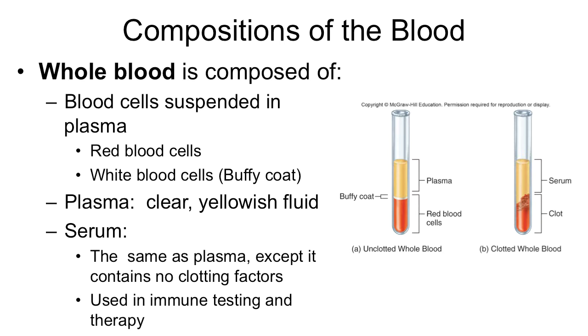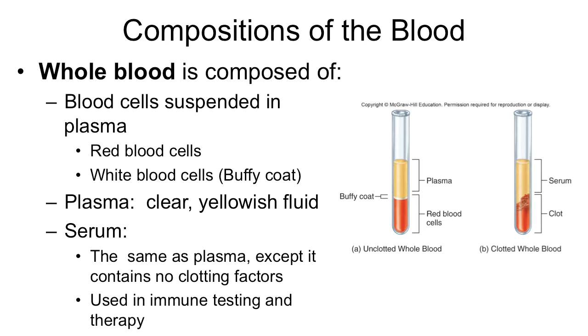And that buffy coat is where you have the white blood cells. So oftentimes when we do research in blood, we separate the blood, remove the plasma, get the buffy coat, and eliminate the red blood cells. Of course, you can clot the plasma and now obtain the serum. The plasma and the serum are the same thing except that the clotting factors have been taken out.